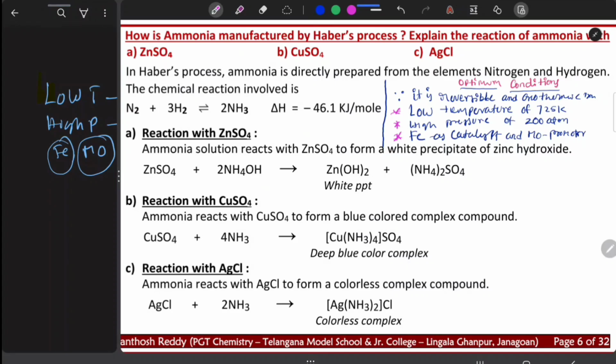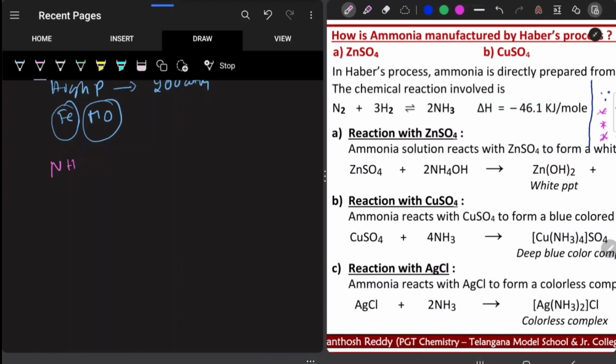So just to make you understand this part, I will show you how ammonia and ammonia solution are related. Ammonia NH3 plus water, this is called ammonia solution, NH3 and H2O. Now here how many hydrogens are there? Here 3 hydrogens are there, here 2 hydrogens.